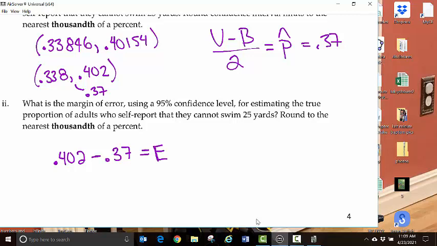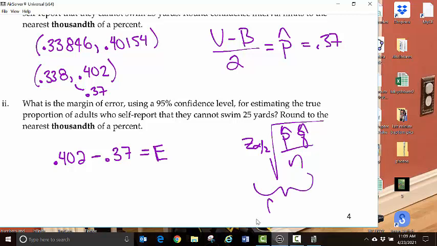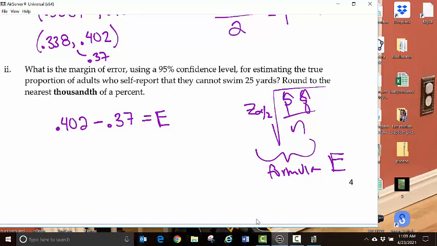It would be z alpha over 2 times the square root of p hat q hat over n. That's the margin of error. Does that make sense? That's your error, because you take your statistic, your p hat, plus or minus your margin of error.